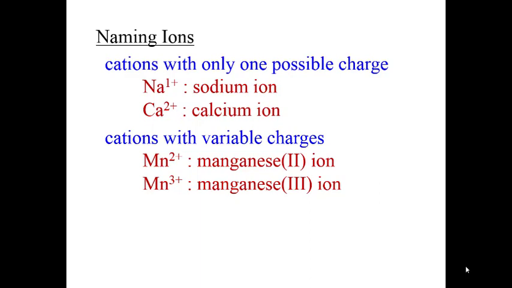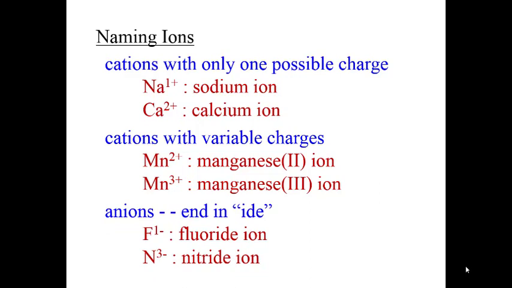So we make the distinction between the two manganese ions. The one with the 2+ charge is the manganese(II) ion, while the one with the 3+ charge is the manganese(III) ion. For the anions, we use the root of the element name, but the ion name will end in "ide." So fluorine makes the fluoride ion, and nitrogen makes the nitride ion.